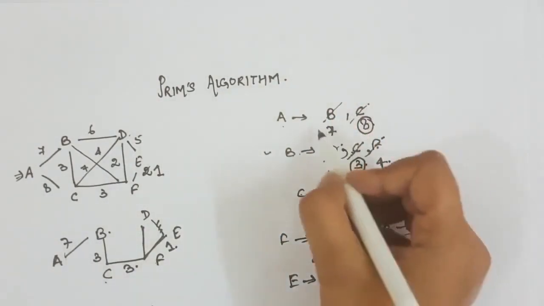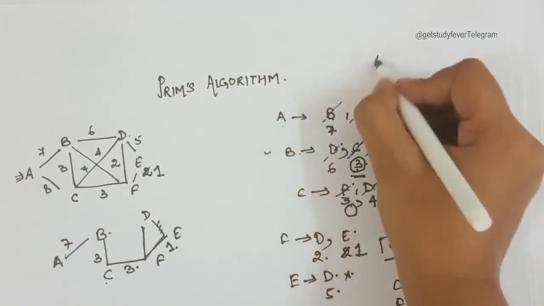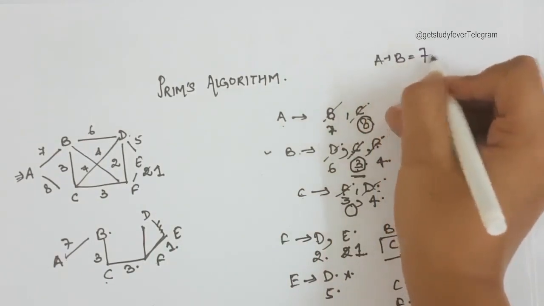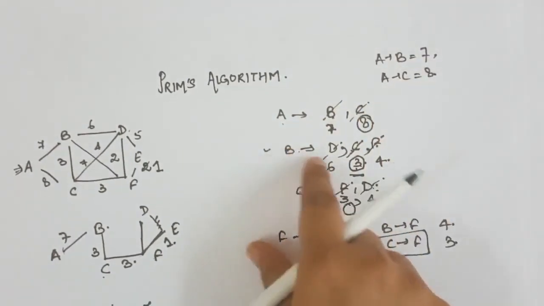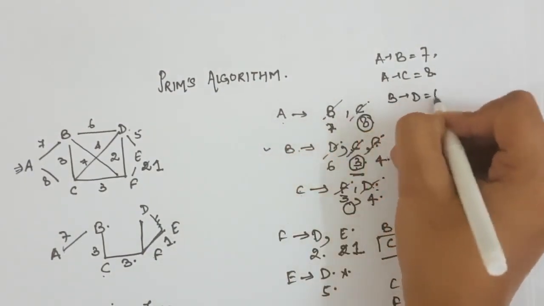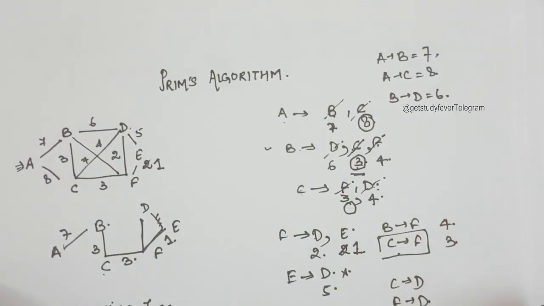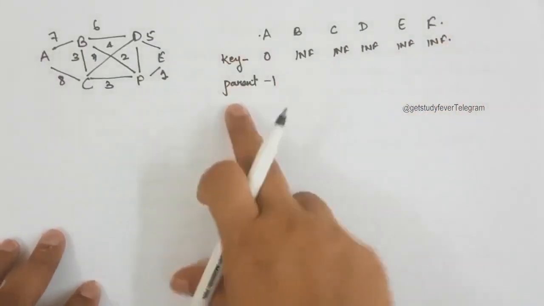Initially, we kept the value of B as 7, which means A to B is 7, and A to C is 8. Here, if we put D as 6, it means B to D is 6. So we have two things here: key as well as parent.